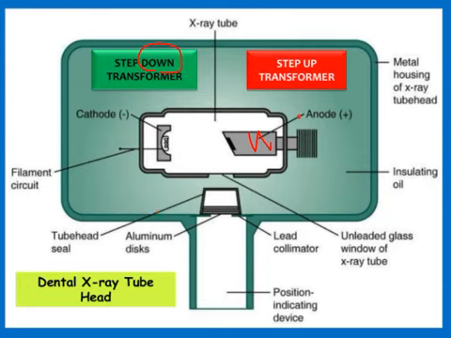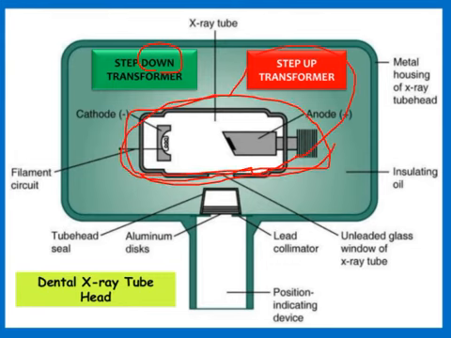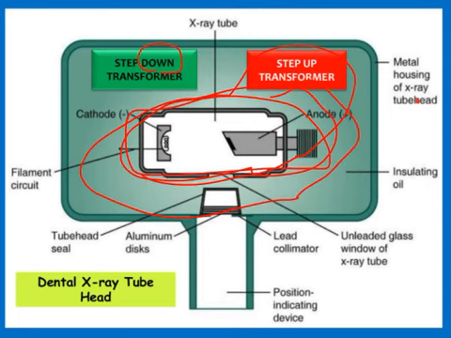So the heat energy moves outside, and then there is insulating oil which continuously circulates around the dental X-ray tube. By this circulation, it removes the heat energy to outside the tube. Of course, it is also supplied with coolant at the end.